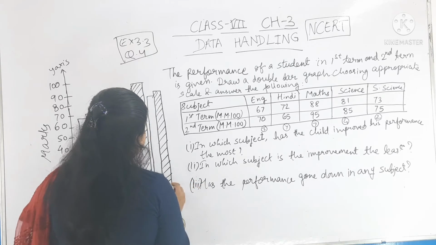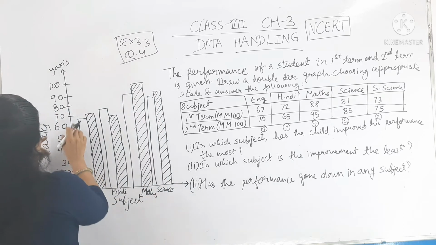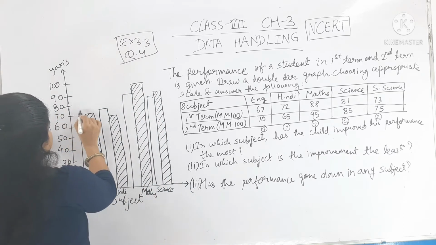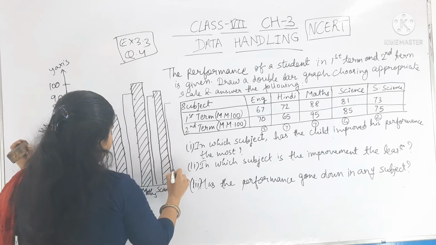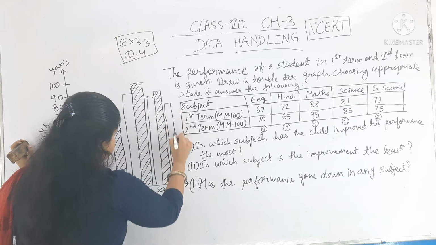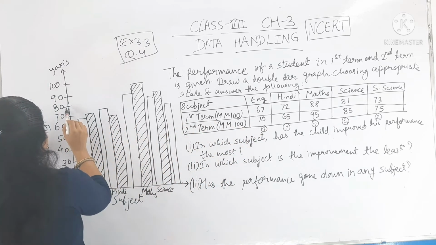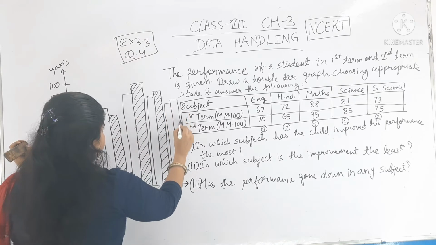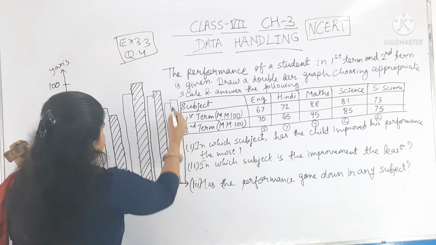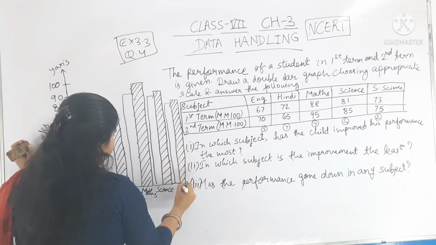For social science it is 73, it is above 70. This is for first semester, and for second term it is 75, so between 70 and 80. So this is for social science.